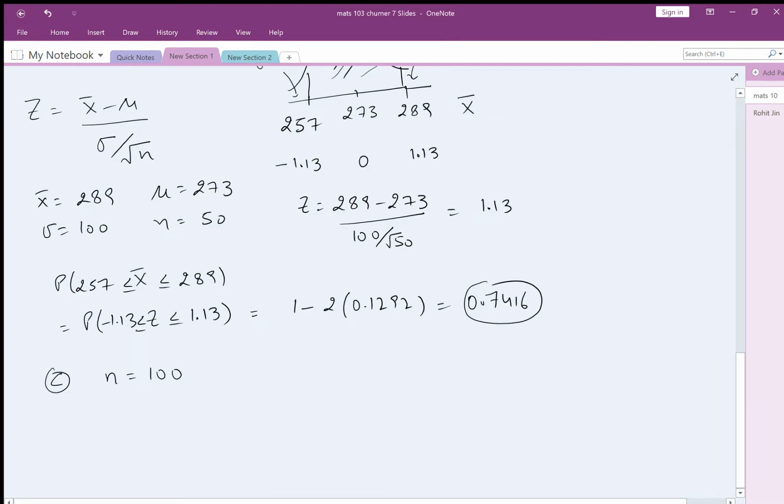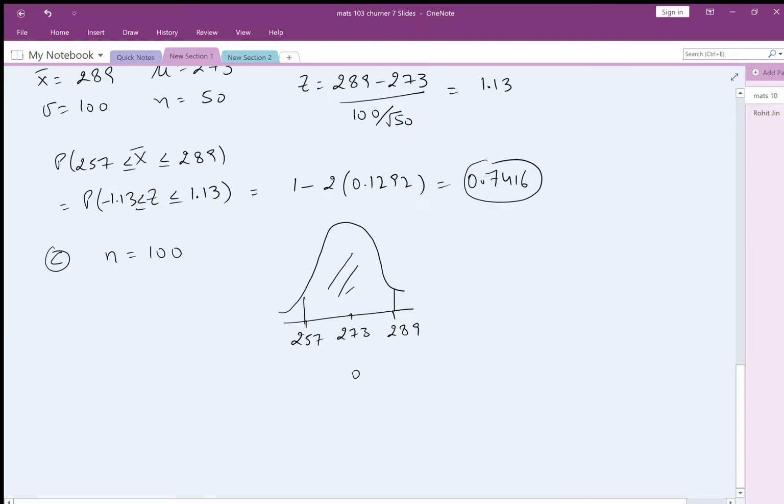So if we draw the curve again, 273, 289 and 257, we need to find this area. If you calculate the new z-scores, this should come to 1.60 and this is negative 1.60.